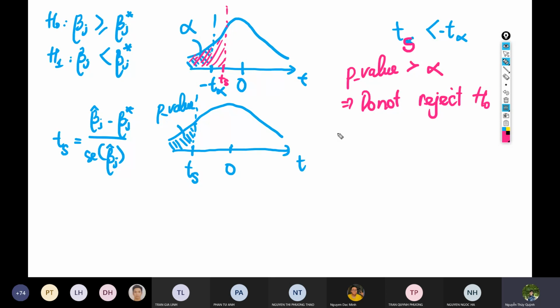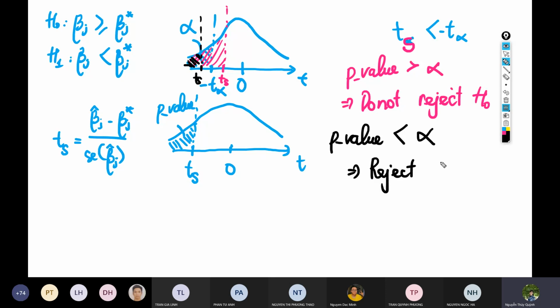And when we have TS here, which is smaller than the minus T alpha, then we will have the black area. This one is the p-value. In this case, it is obviously less than alpha, and we will reject H0.